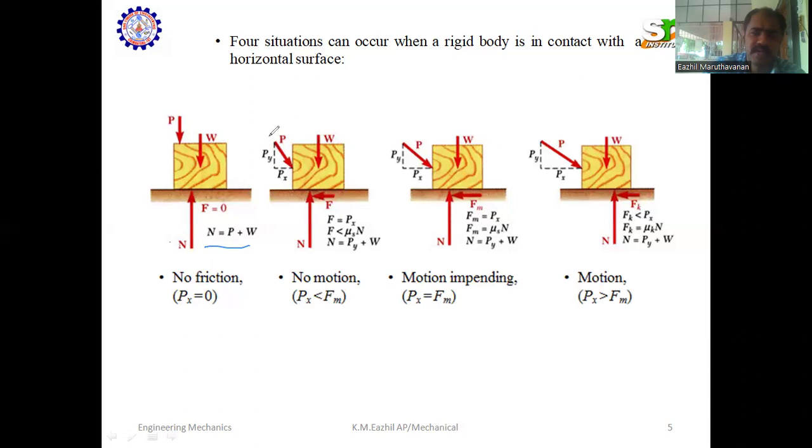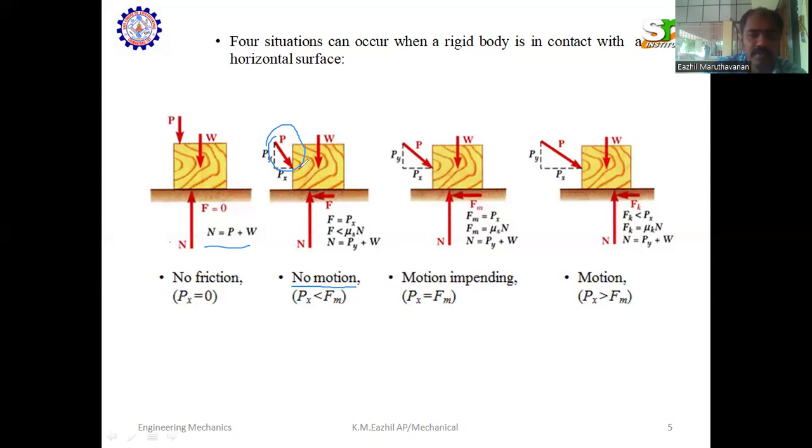In the second condition, an applied force P is inclined at an angle. When we resolve it horizontally it is Px, and when it is resolved vertically it is Py. In the second condition also there is no motion in the object, so the applied force is lesser than the frictional force.